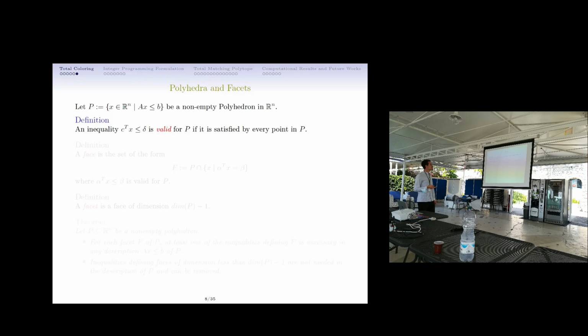We say that an inequality c^T x ≤ δ is valid for the polyhedron P if every point in the polyhedron P satisfies it. And a face of the polyhedron P is the set of points that are tight for an inequality that is valid for the polyhedron P itself.